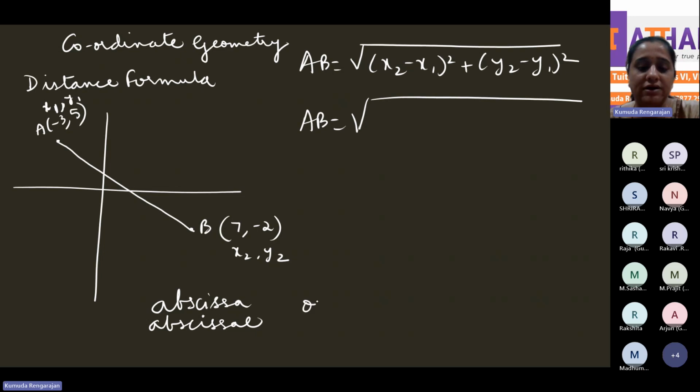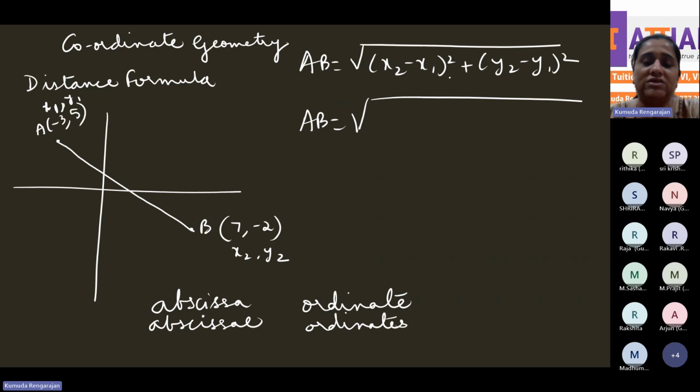And the ordinate is nothing but the y coordinate. Ordinate, and the plural is ordinates. Abscissa is nothing but the x coordinate of a point, and ordinate is nothing but the y coordinate of a point.